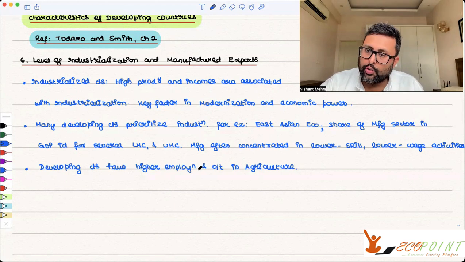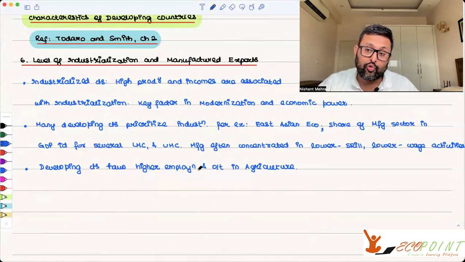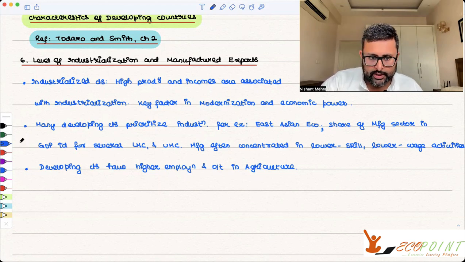So in lower income countries sometimes even 2/3 of the population is engaged in agriculture, which may not be true in developed countries.